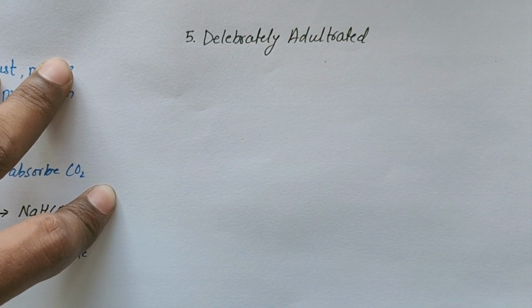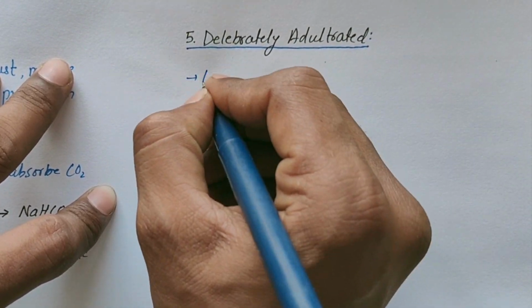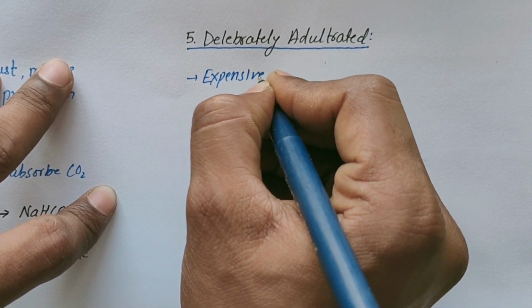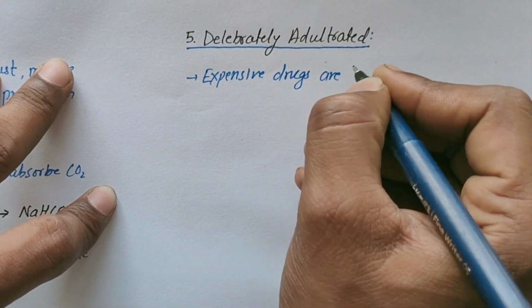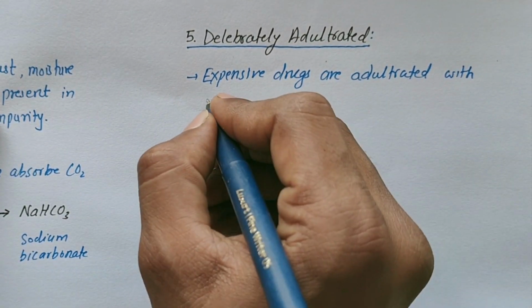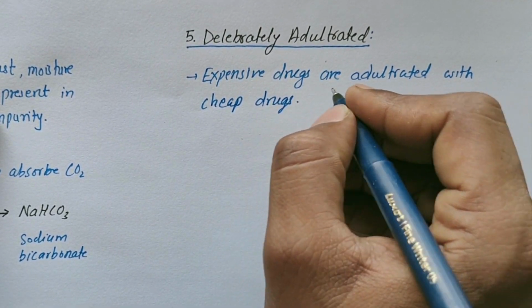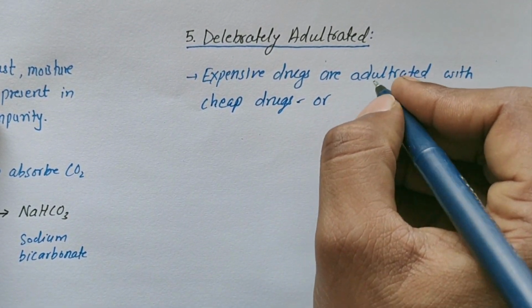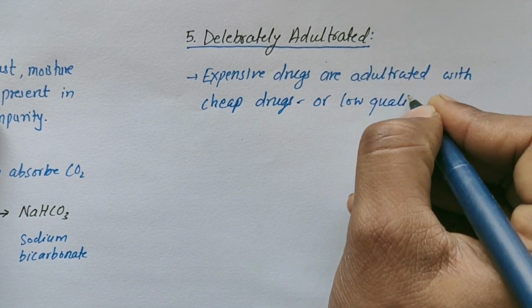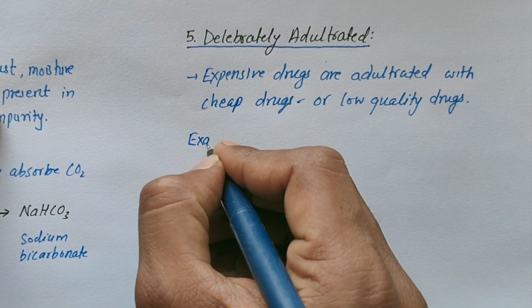Now the last one is deliberately adulterated. Expensive drugs are adulterated with cheap drugs or low quality drugs. Why is this? This is because someone wants more profit, or it may be happening mistakenly, or due to scarcity of the original drug we are going to use some substitute drugs.